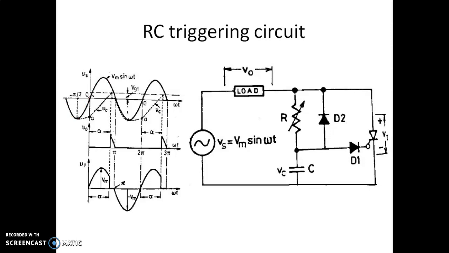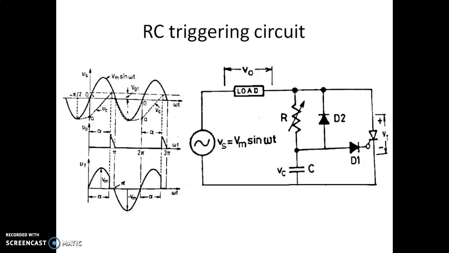This is the positive half cycle. The dotted line shows the capacitor voltage, and this is the output voltage across the load. And this is the thyristor voltage, that is, voltage Vt across the thyristor.